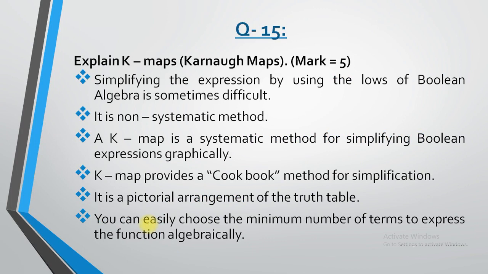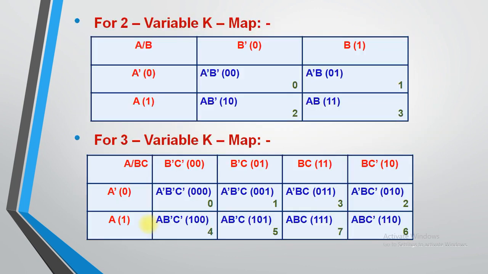Before explaining the following slide, I would like to show one example of K-map. By understanding that example, you can easily learn the given points. So let us move towards the tabular representation.